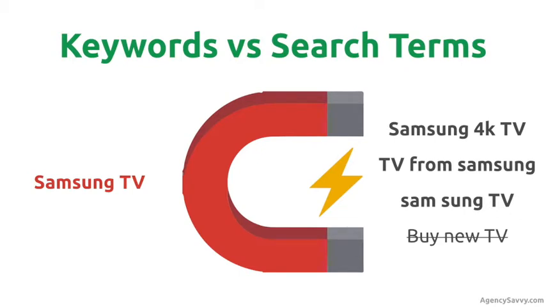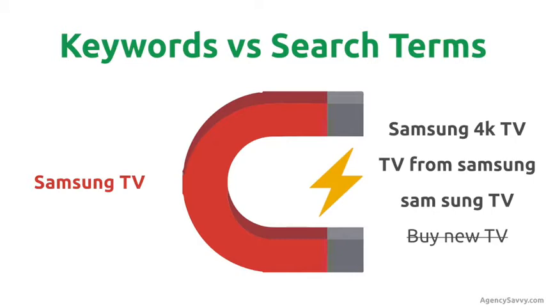So for example, if I had typed into Google Samsung 4K TV and you had the keyword Samsung TV in your AdWords account, then there's a pretty decent match between those two, and we'll worry about different types of matching later on, but essentially those two match, and so there's a good chance that I'm going to see your ad.